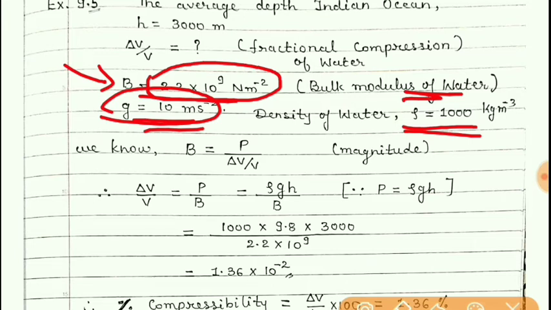Actually it is not given in the statement, but the density of water is always nearly 1000 kg per meter cube. Actually this is for pure water, and we know that sea water is salty water, so its density is a little different from this. But here we will consider the density of sea water the same as that of pure water at standard temperature and pressure.